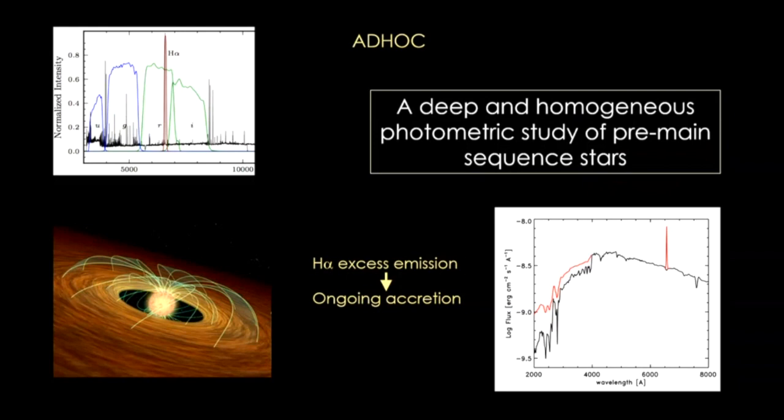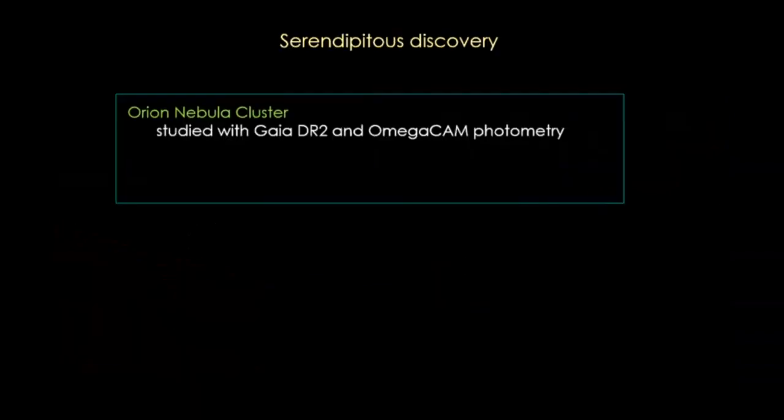It allows us to study the presence of disks inside those star-forming regions on very large scales. You will most likely hear a lot about these surveys in the coming months and in the next two talks. But what I'm mostly interested in is this serendipitous discovery.